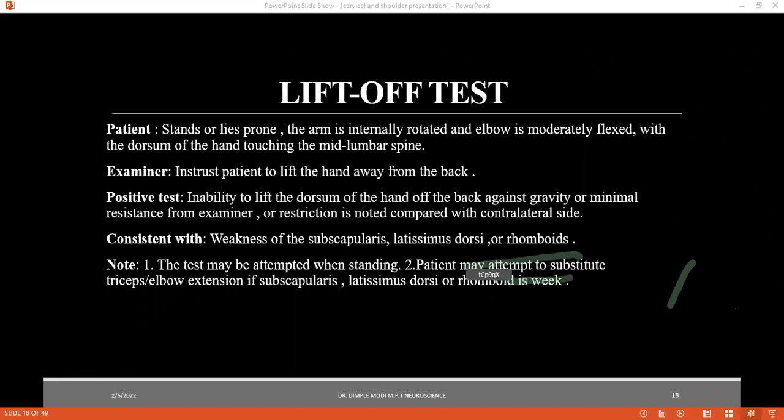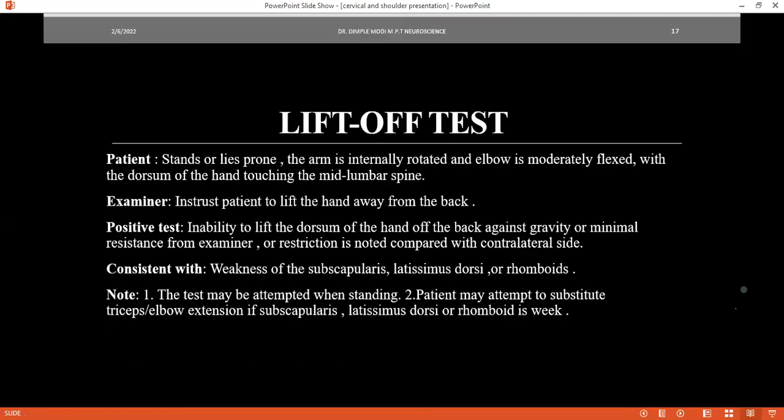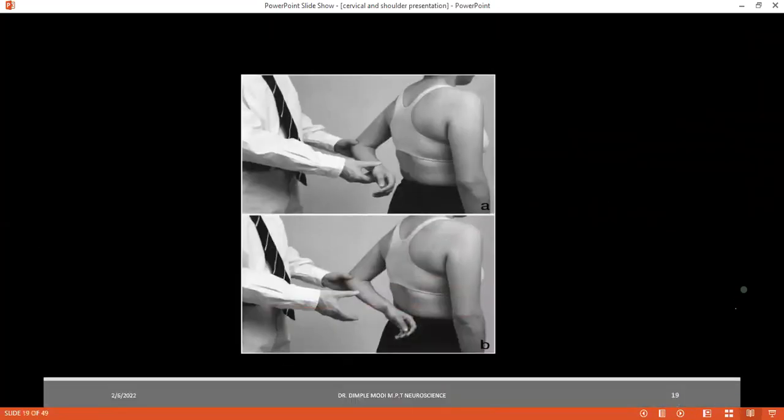Okay, so if the patient is extending the elbow with that and not able to lift the dorsum of the hand off the back, this shows there is a weakness in the subscapularis, latissimus dorsi and rhomboids. Like this in standing.